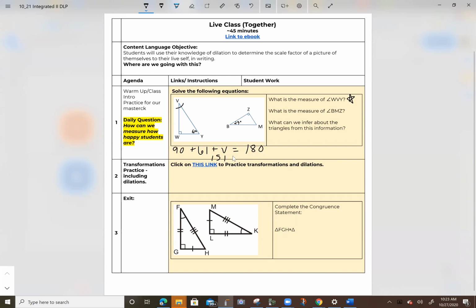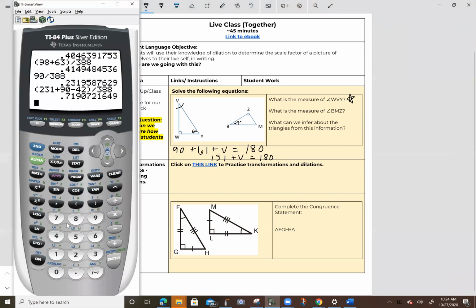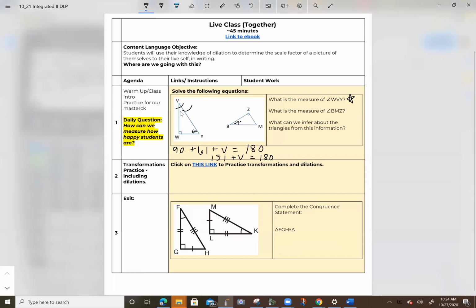So some number plus 151 needs to equal 180. To find that number, you do the inverse, which is the inverse of addition is subtraction. So we do 180 minus 151, and we get 29. So WVY must be 29 degrees.